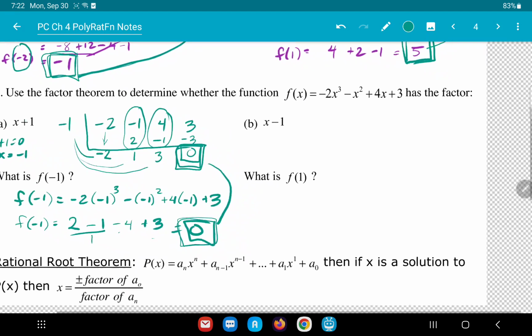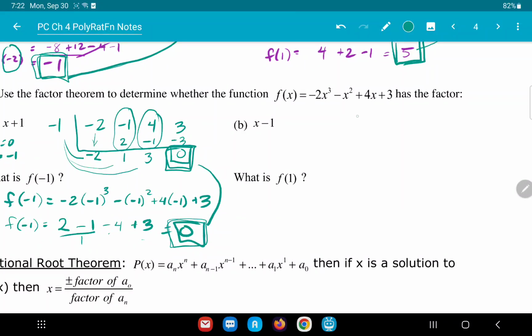Let's do it again for letter B. Again, we're going to take the coefficients, negative 2, negative 1, 4, and 3, and we're dividing by a value of 1. So let's divide by 1. Bring the negative 2 down and multiply. We add and multiply.